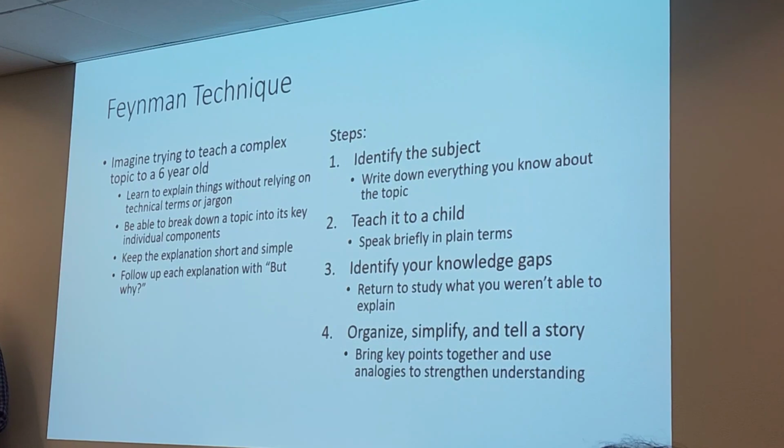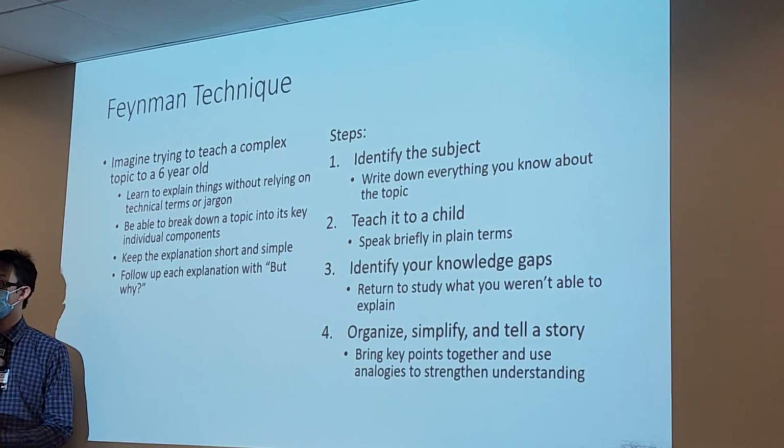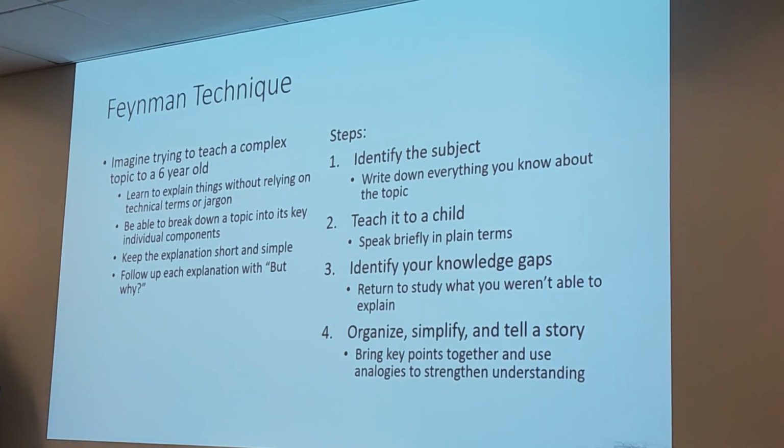Does that make sense? You know that subject when you can take it and break it down into the most basic, simple parts. So you need to learn how to explain things without relying on technical terms or jargon. Right? Instead of talking about IRs and CRs and collimators, you need to be able to break it down into something more basic.